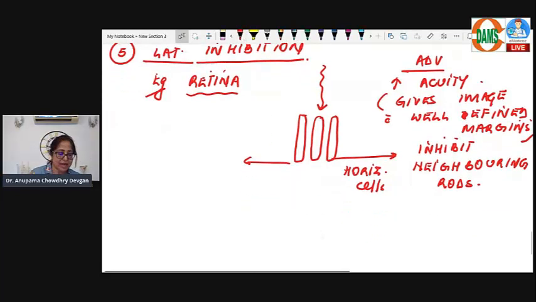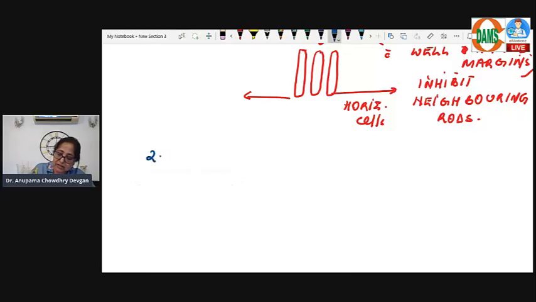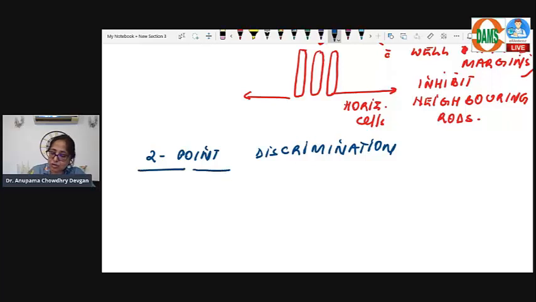You can also see this in the sensory system. Let's say there are two receptors. You've heard of two-point discrimination. What is two-point discrimination? It is the ability to detect two points as two separate points.